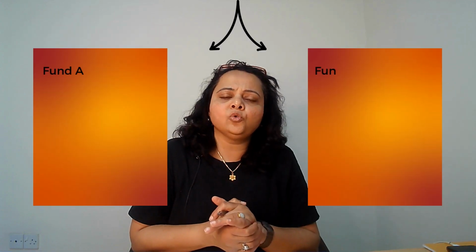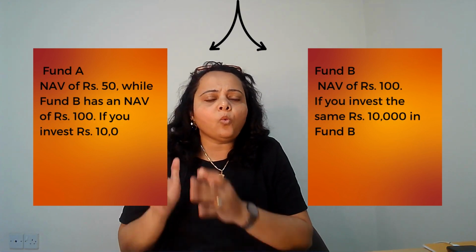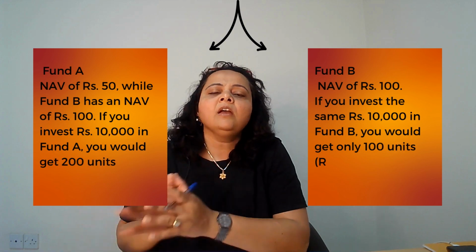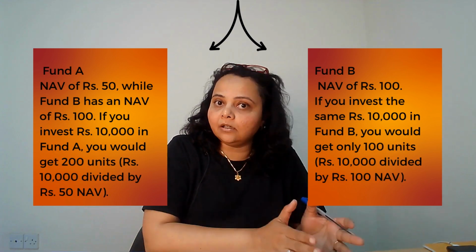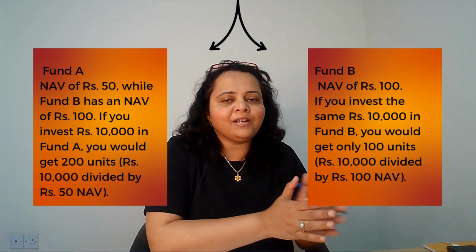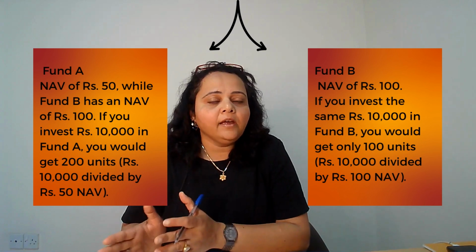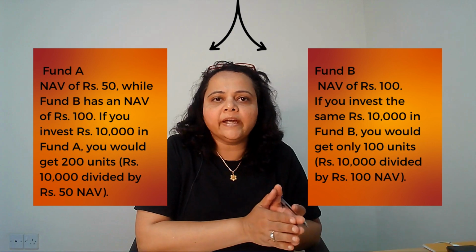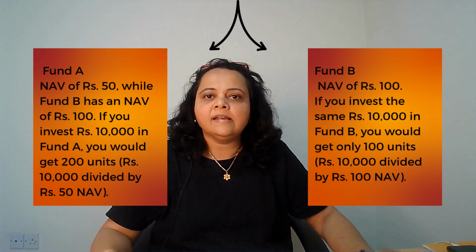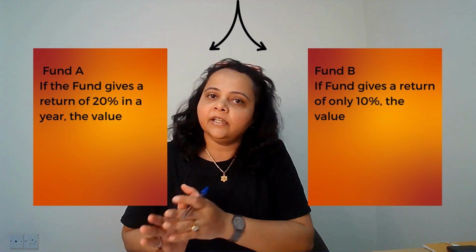Now say, suppose you have rupees 10,000, you invest it in, say, one scheme A, where the NAV is 50 rupees, and you invest another 10,000 in scheme B, where the NAV is, say, 100 rupees. In scheme A, you get 200 units, and in scheme B, you get 100 units. Say scheme A gives you a return of 20% in a year.